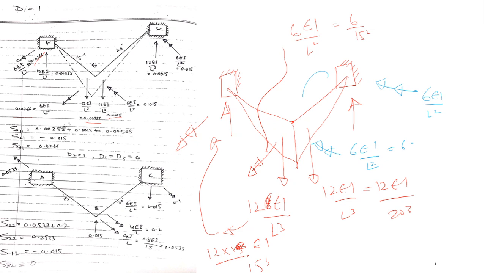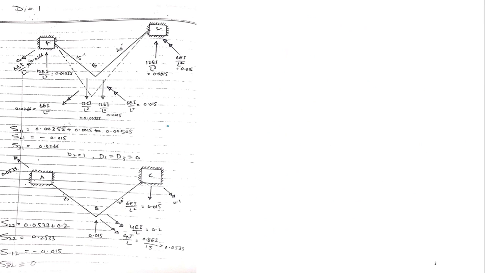Now 6 EI is constant, L is 20 square, so it would come out to be 0.015, and this would be 0.015. In this way you would be able to construct this beautiful figure. This is untidy, but using a pen or pencil you would draw it very neatly.